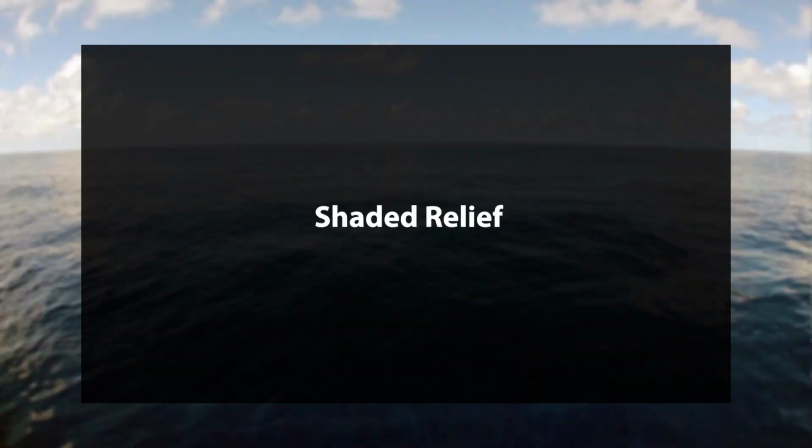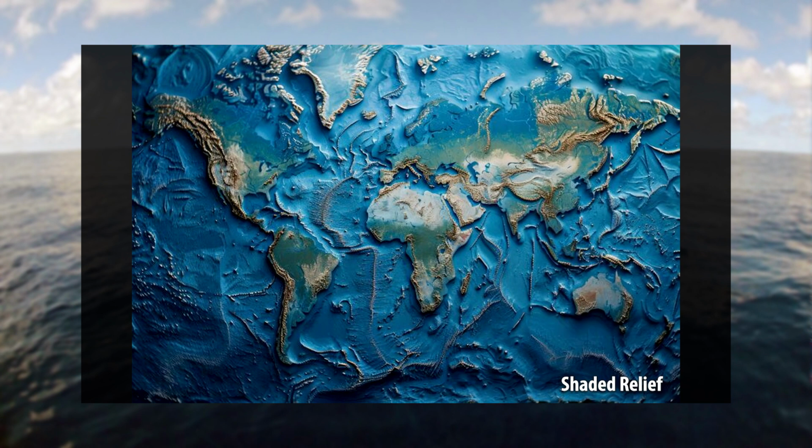Shaded relief is a cartographic technique employed to generate a three-dimensional representation of the seafloor topography. This method synthesizes bathymetric contour data with simulated illumination to produce a map that enhances the perception of depth and terrain variation.